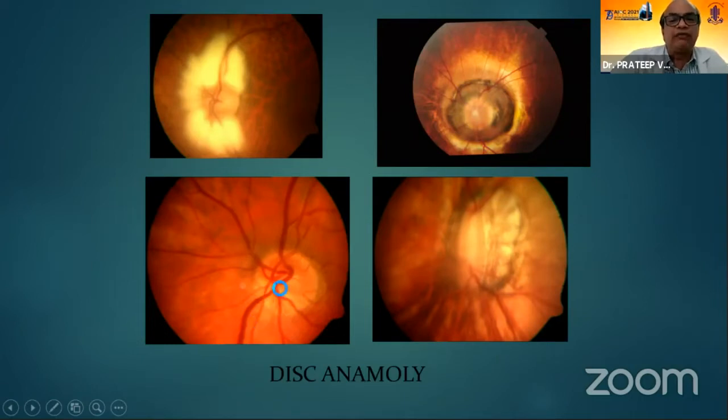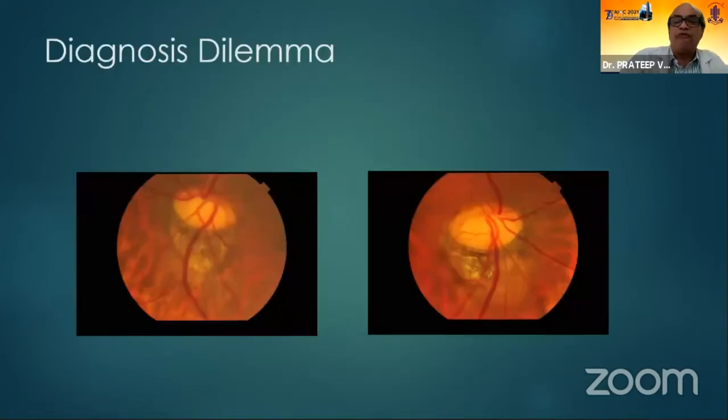This is a tilted disc with the inferior conus, and these are medullated nerve fibers. Because of this medullated nerve fiber, you cannot judge whether this RNFL is a healthy RNFL or not. And the cup looks pretty large, and these medullated nerve fibers are overhanging over the disc. So it is unnecessarily misinterpreted as a large cup in this patient. So in all this kind of patient, we have to be careful.